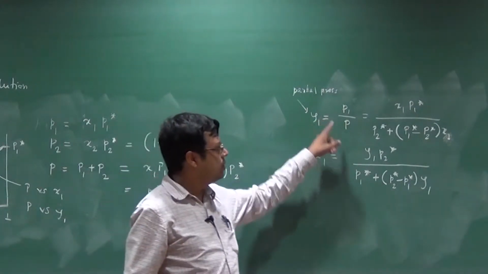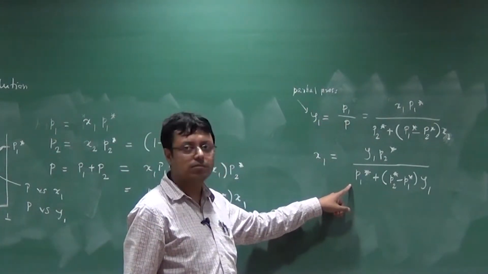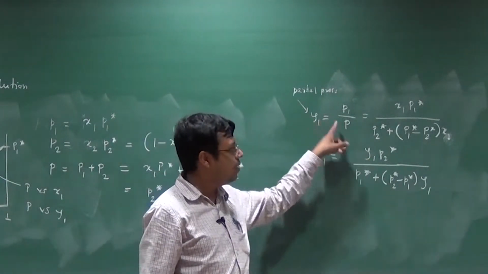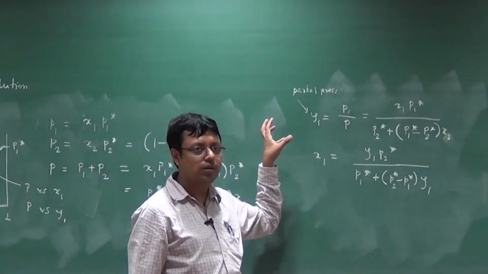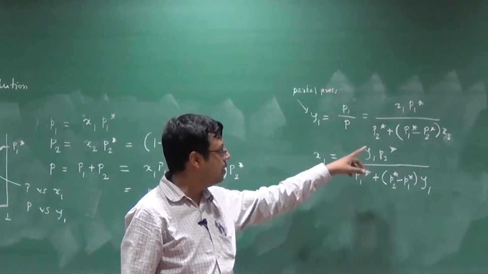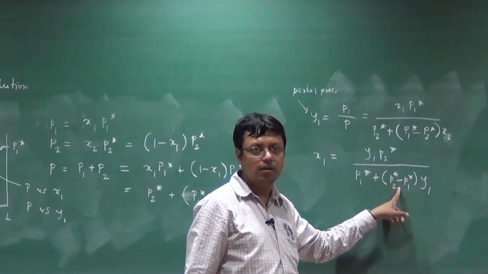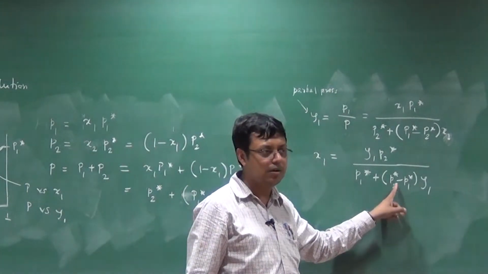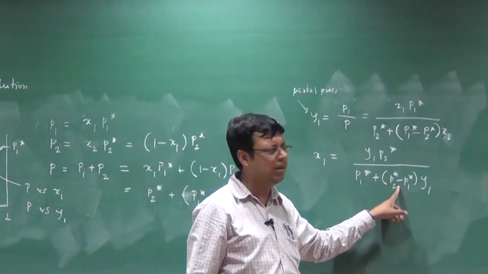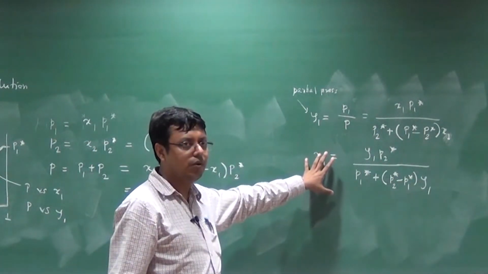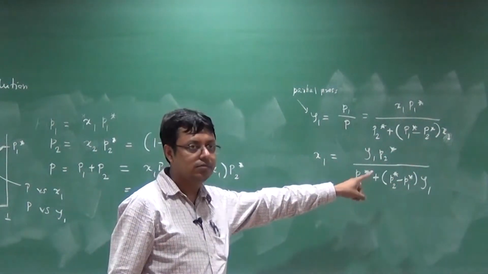And look at the symmetry of these two equations. It is basically a similar way: you just multiply it and then rearrange all the x1 terms. But then there will be a negative sign, so instead of P1 star minus P2 star, it becomes P2 star minus P1 star. You could solve it for y2 also. So that is x1 in terms of y1.